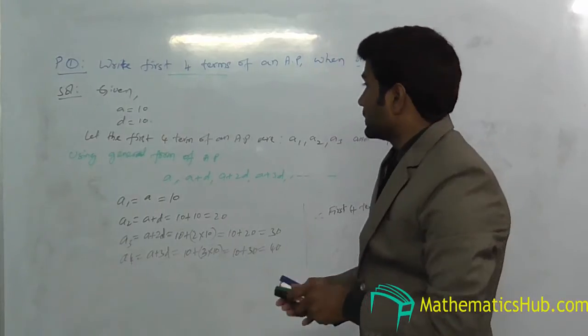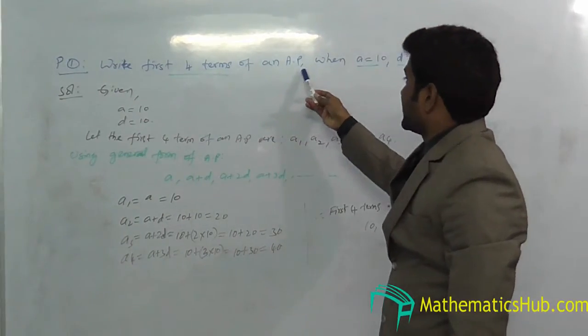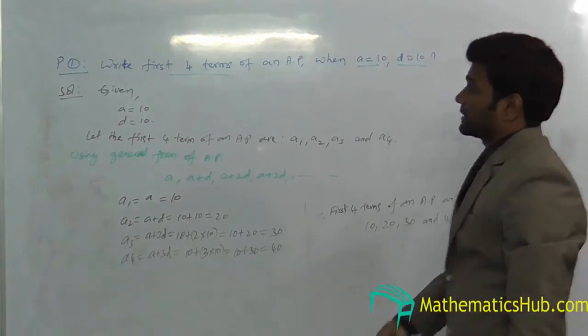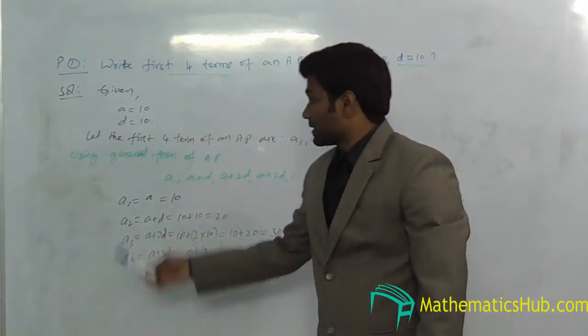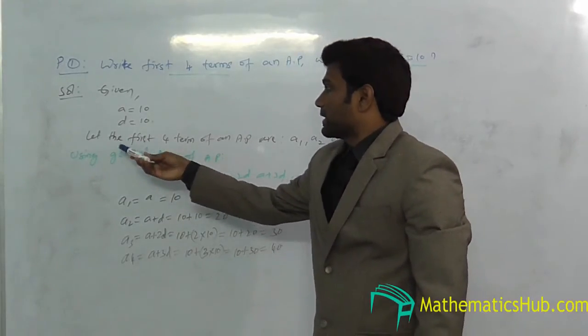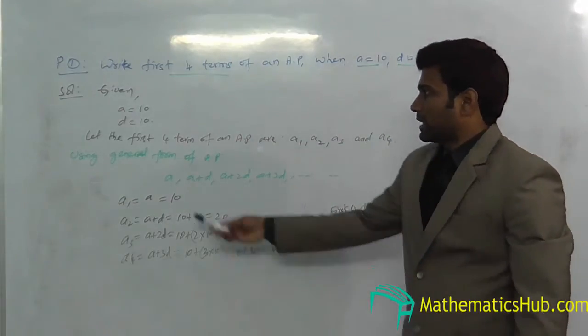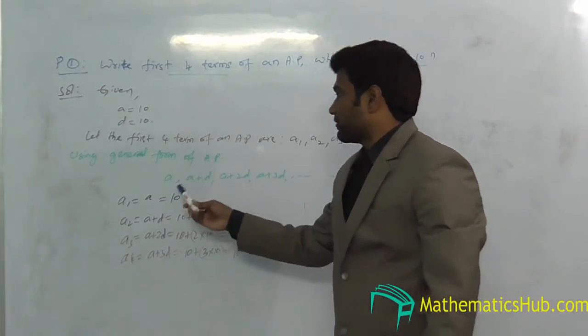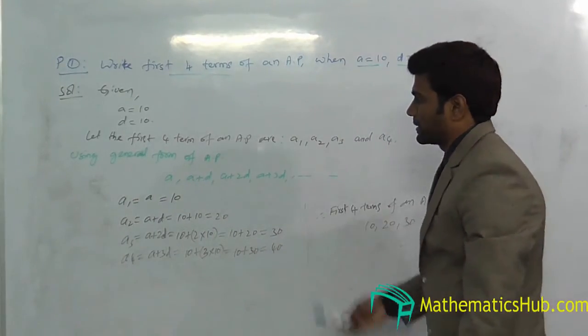So what is given? We have to find the first 4 terms of an AP when A equals 10 and D equals 10. Assume the first 4 terms are A1, A2, A3 and A4. We know the general formula of an AP: A, A plus D, A plus 2D, A plus 3D and so on.